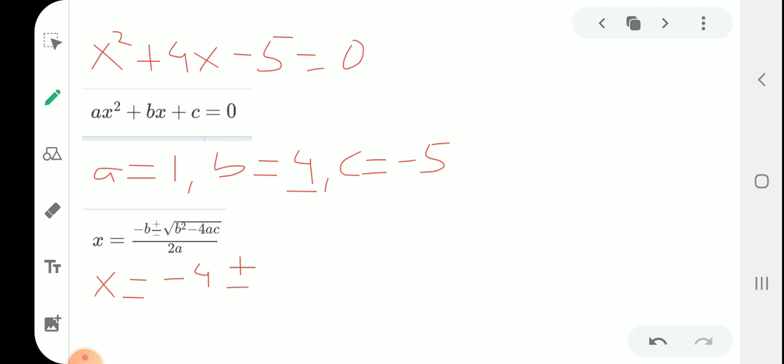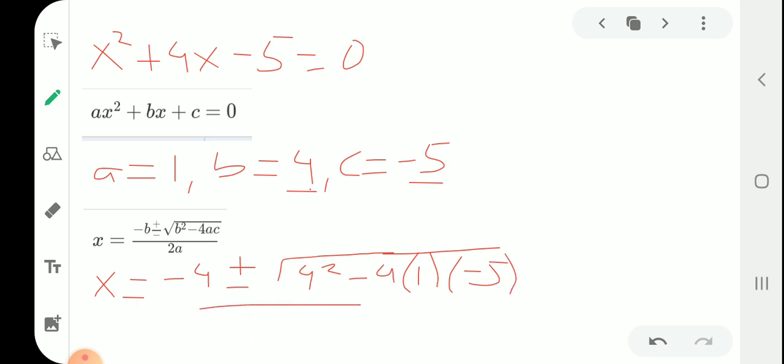Do not forget our sign, plus or minus. Then b squared minus 4ac: our b is 4, so 4 squared minus 4, our a is equal to 1, and our c is equal to negative 5, over 2a. Our a is equal to 1.